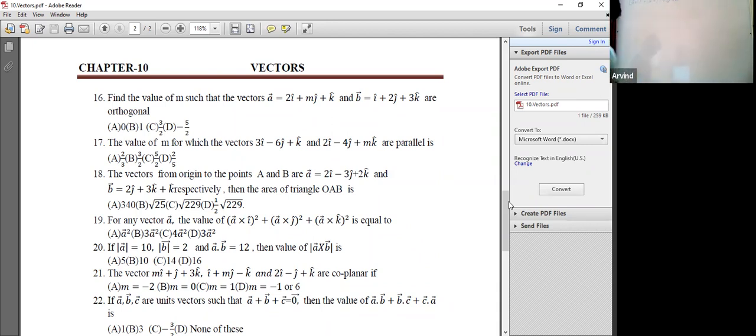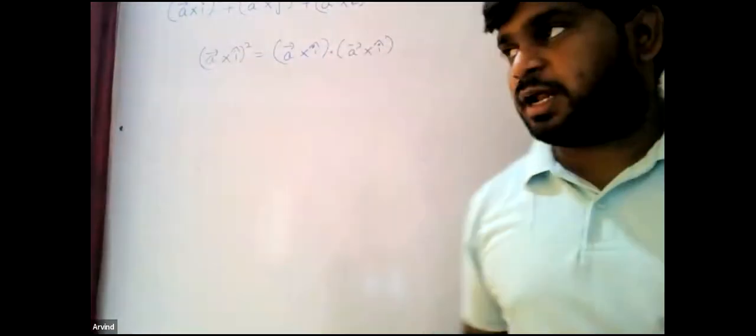Listen, I'll do it on the board. Just observe. As I told you, A cross I cap the whole square can be written as A cross I cap dot A cross I cap. This value will be equal to, there is a formula for this. I hope you know it. If not, just write it down.